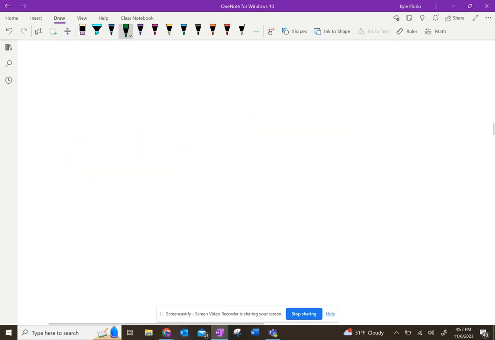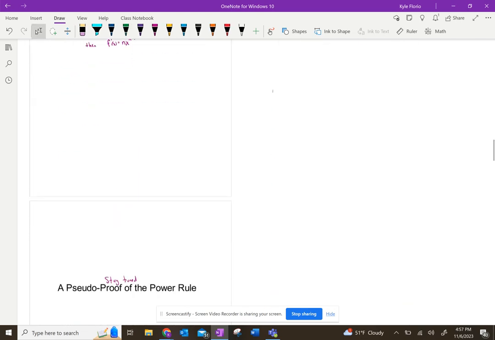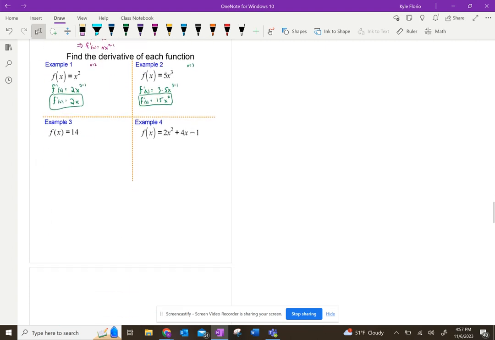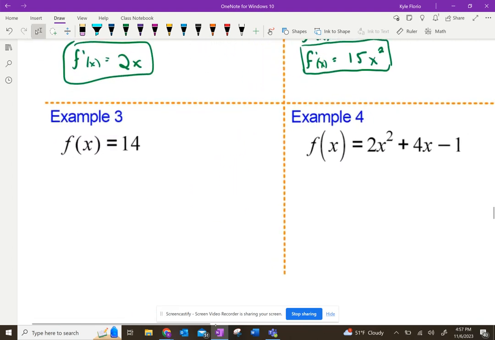Now, this one, example 3, f of x equals 14 is a constant function. That's a function of a horizontal line. The slope of a horizontal line is 0, and so the slope of this is going to be 0. Anytime you have a constant function, the slope or the rate of change is 0.